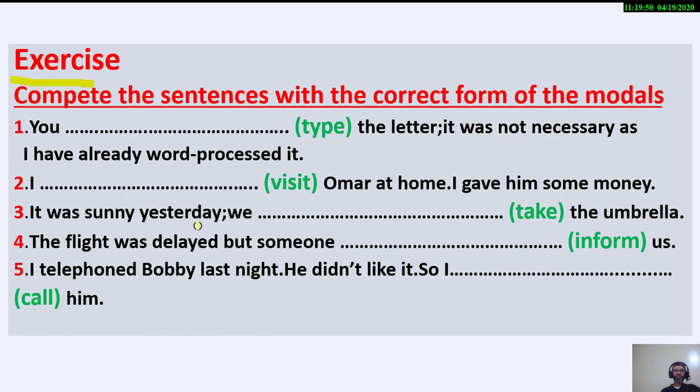Number 3, it was sunny yesterday, we take the umbrella. The flight was delayed. Delayed means postponed, but someone informed us. Number 5, I telephoned Bobby last night. He didn't like it, so I called him.